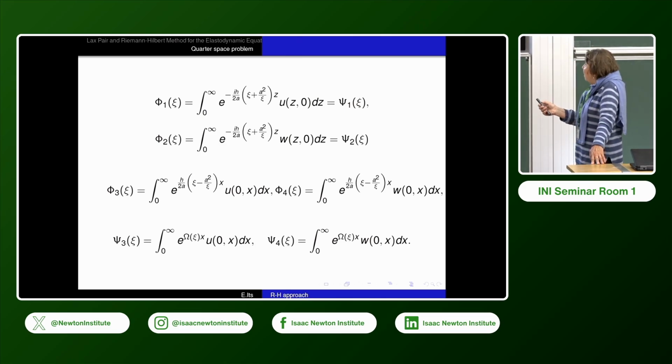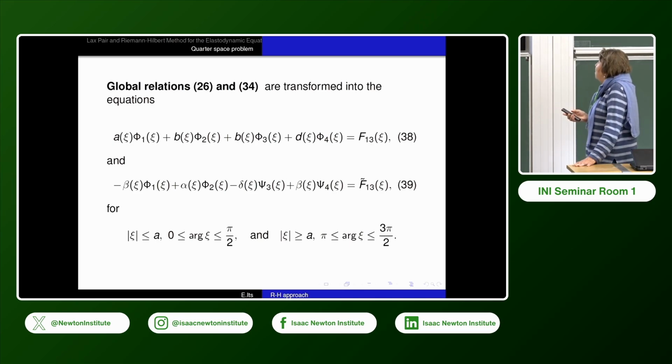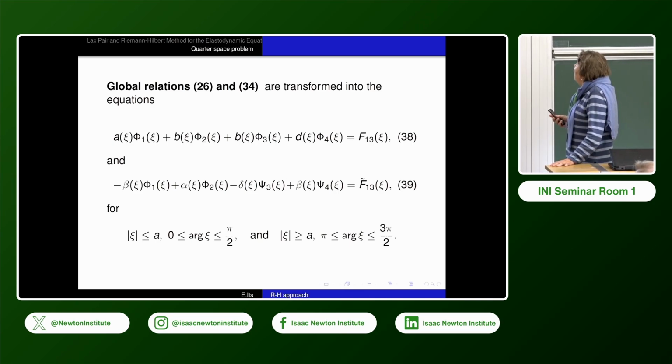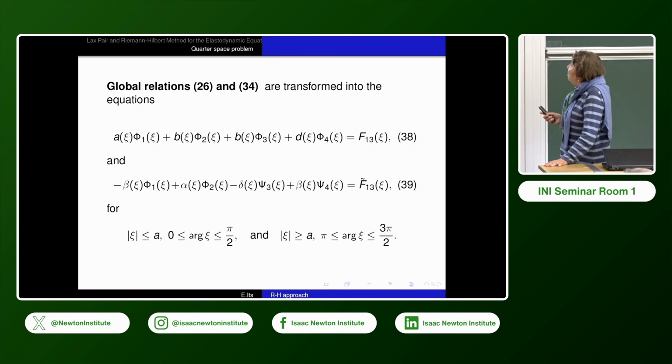And in terms of this new zeta complex plane, the global relations represent a system of two equations.